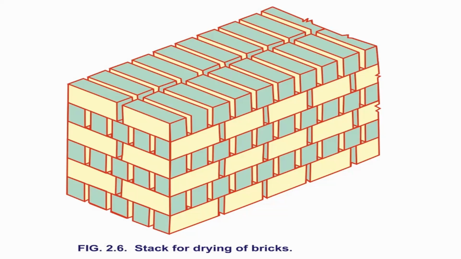If it is more than 2%, then your brick is still not dried. Your brick should get completely dried, or less than 2% of water should be there, and your brick should become hard. As your brick is losing water, it will automatically become hard. So this is called drying of brick.